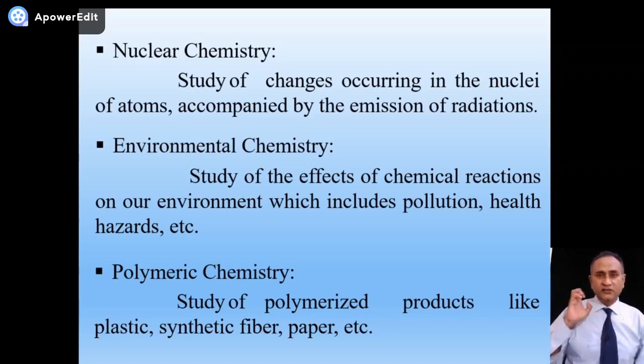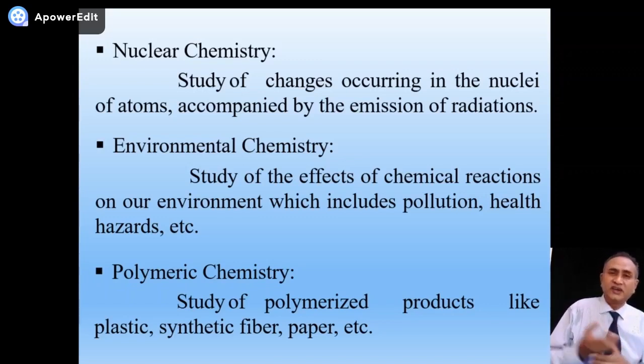This nuclear chemistry is responsible for nuclear bombs, atomic bombs, hydrogen bombs, neutron bombs. All of these bombs are products of nuclear chemistry. And which is the positive side? Nuclear chemistry is also used to produce electricity in nuclear powerhouses.